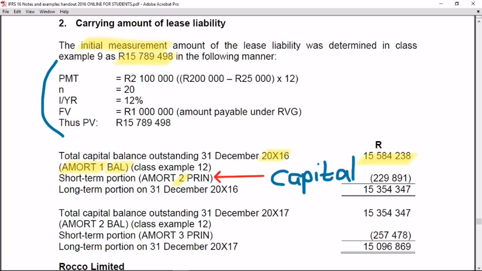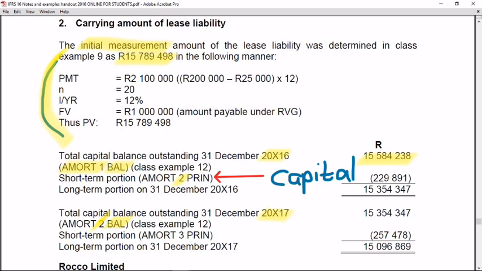You then do exactly the same for the balance outstanding on 31 December 20x17. That is now your second period's outstanding balance. So you use the variables that we have identified up here. You input the second period in your amort function and you determine the outstanding balance.